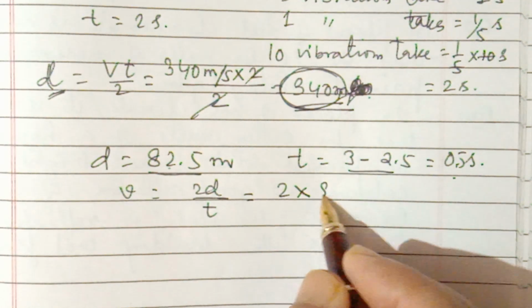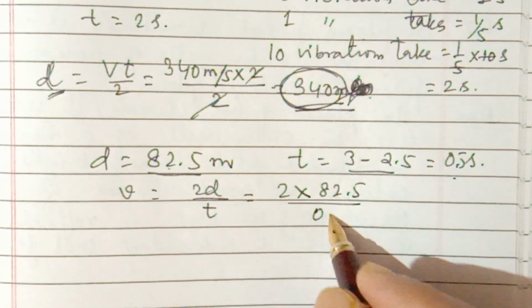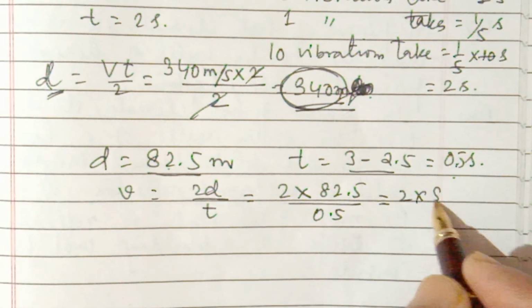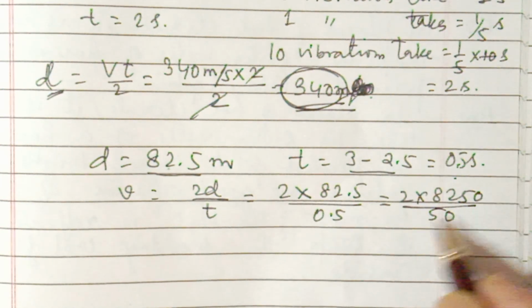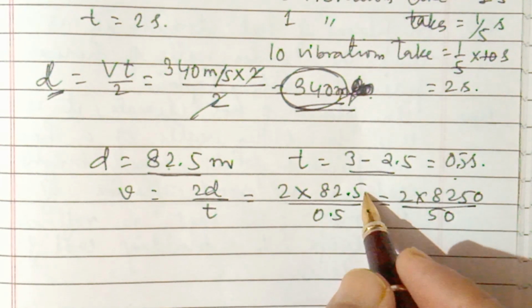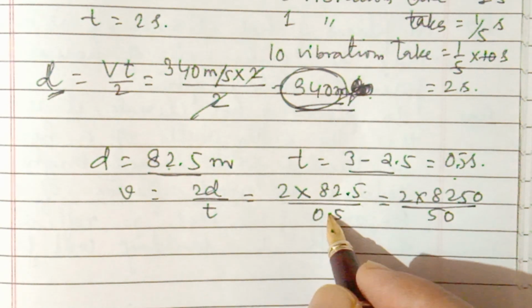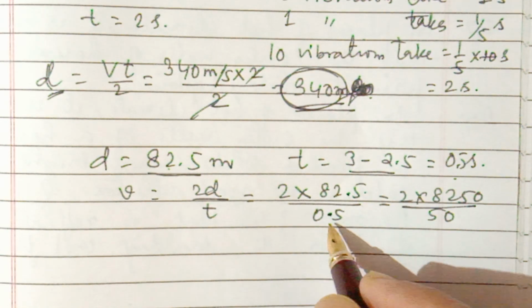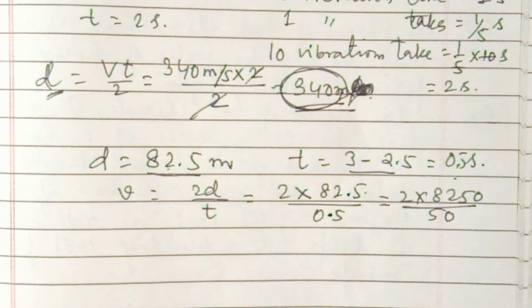2 into 82.5 divided by 0.5. Then 2 into 825 over 5, so one decimal is removed from here. When we remove the decimal point from the denominator, count the number of decimal places, then put an equal number of 0s in the numerator.